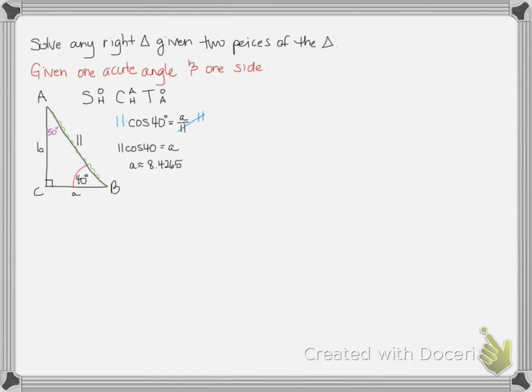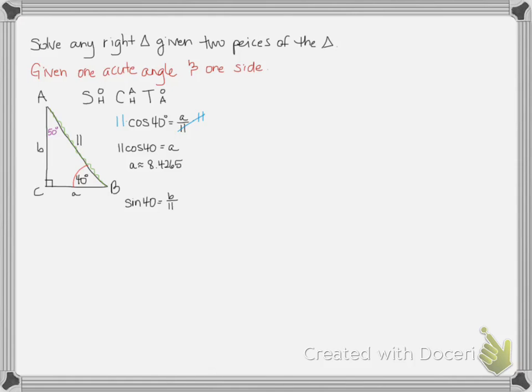All right, so if I'm going to be setting up my sine business, I've got sine of angle 40. Is that really small? Yeah, it is. Sorry. I've got the sine of angle 40 equals the opposite side, which opposite of 40 is little b, over the hypotenuse, which is 11.